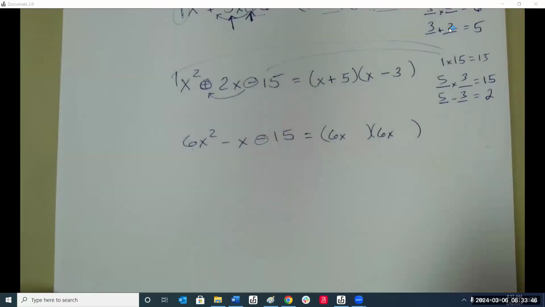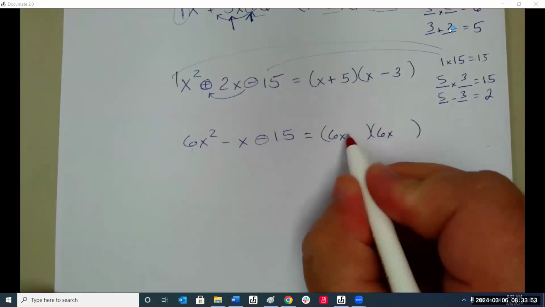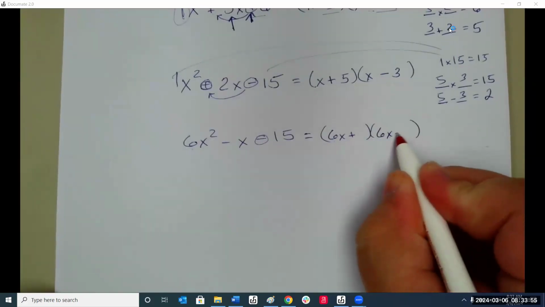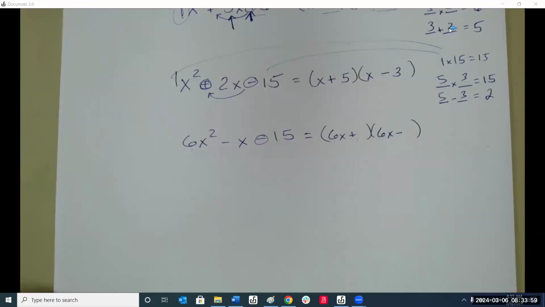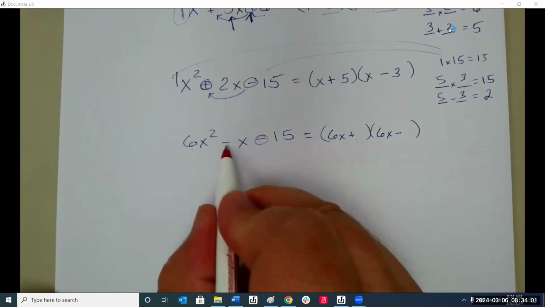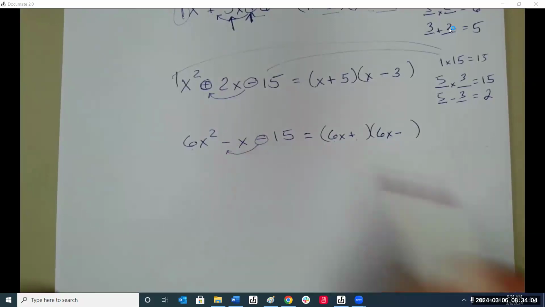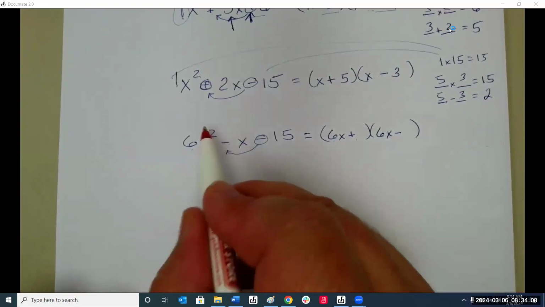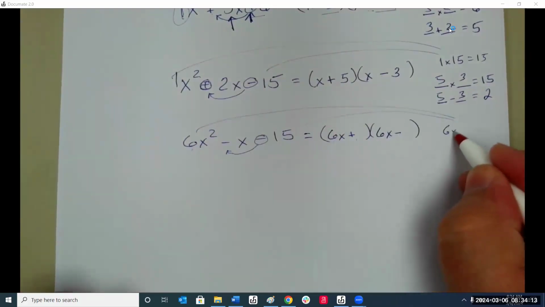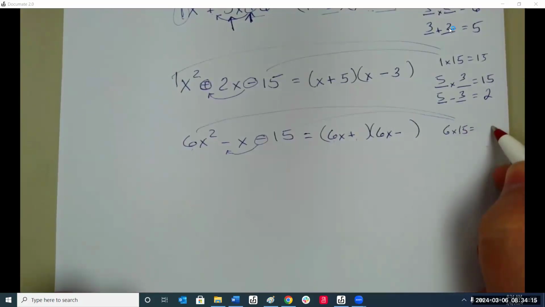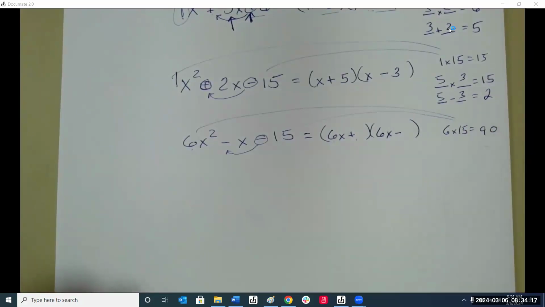The second sign's a minus. What does that mean? If the second sign's a minus, that means there have to be opposite signs, because a positive times a negative gives me a negative. And the bigger number gets the minus sign. So we do the same thing. We take the first number times the last number, 6 times 15, we get 90.